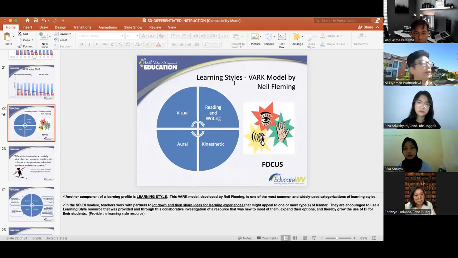In learning style, like I told you, students can have different learning styles in the classroom, right? They might be visual learners, like we discussed before. Some students will be more dominant in reading and writing. They will understand more if they are given more chances on reading and writing.